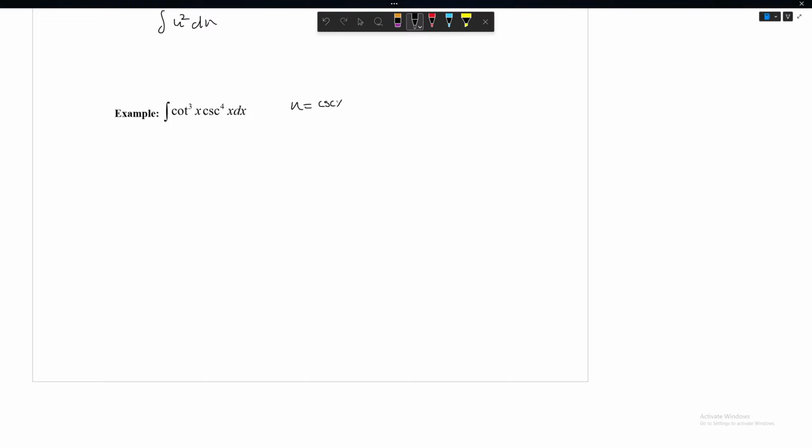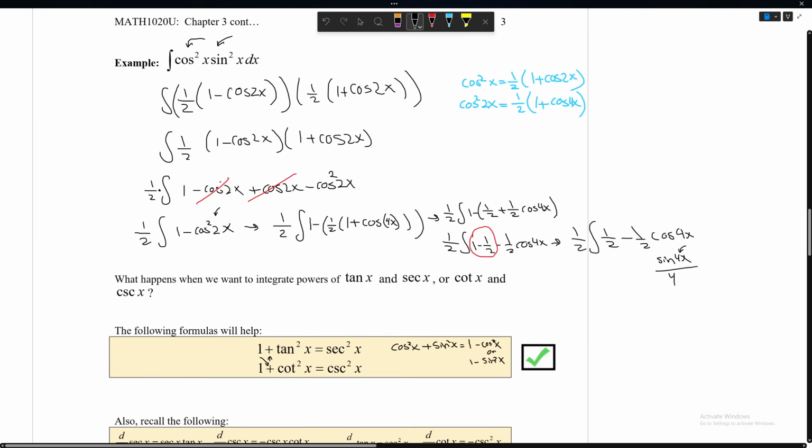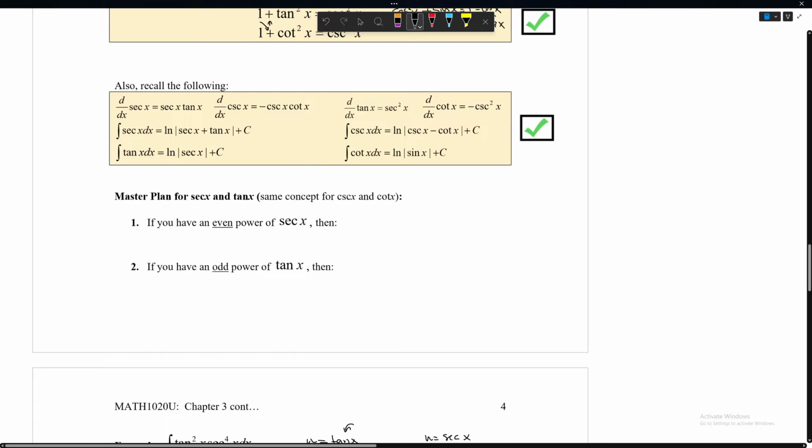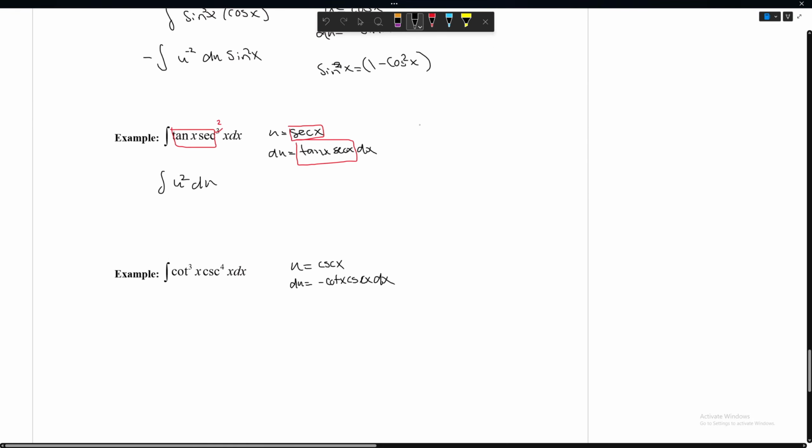Cosecant x. The derivative of your cosecant x, if I can remember this properly, I believe it is negative cotangent x cosecant x. Is it given? Let's see. Yeah, dude, I don't make mistakes. Unfortunate for you guys.